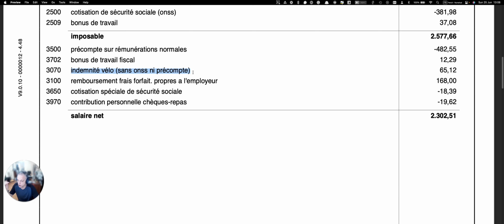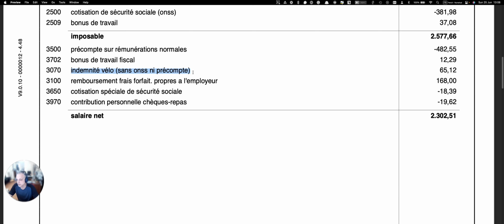This up to a certain threshold. So you can see here in French, sans ONSS ni précompte. That means that what she's getting is probably the maximum to the threshold over which you would be subject to social security contribution and withholding tax.